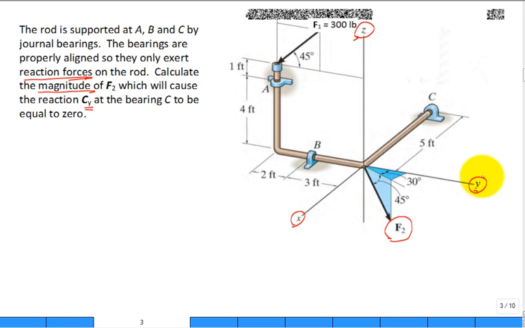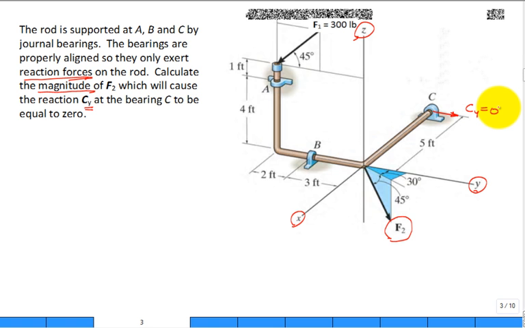So this is the direction, and our notation is Cy would be the magnitude of the reaction force created by that journal bearing on the rod at C in the y direction is equal to 0. So that's our criteria.